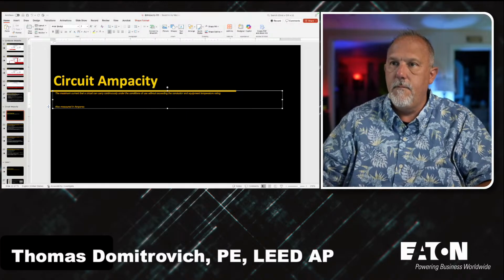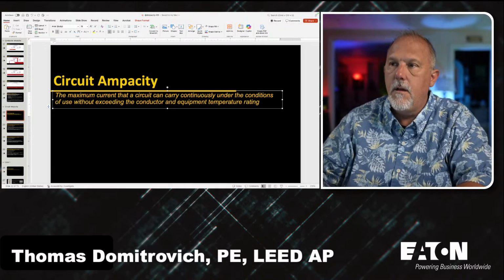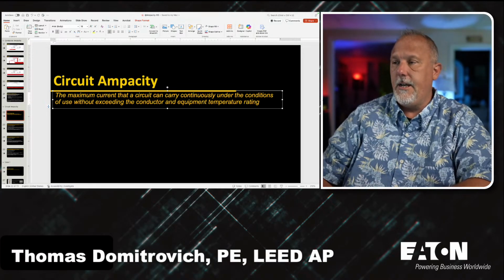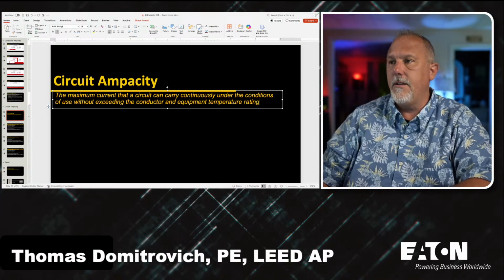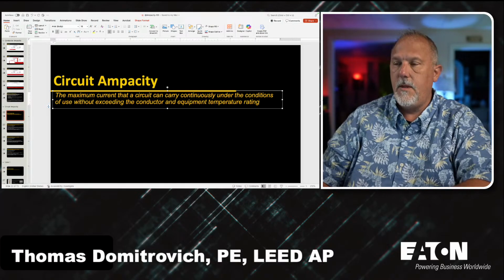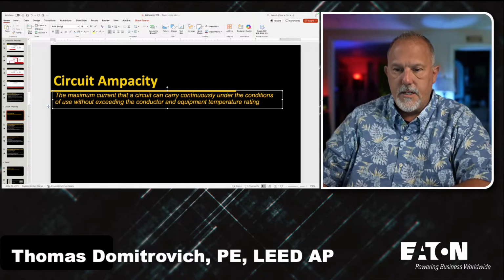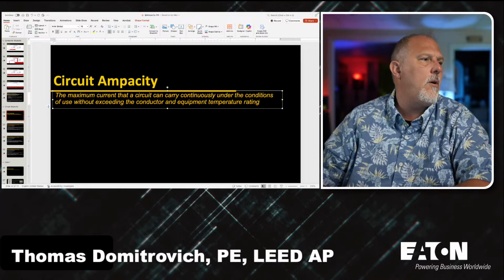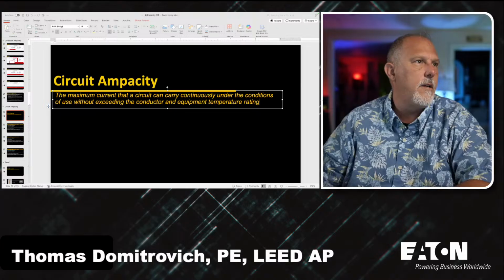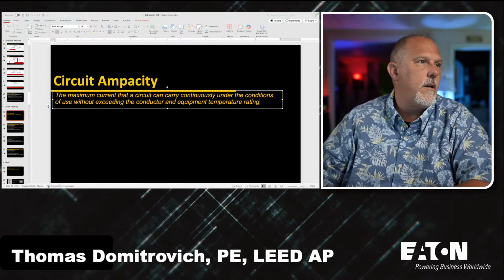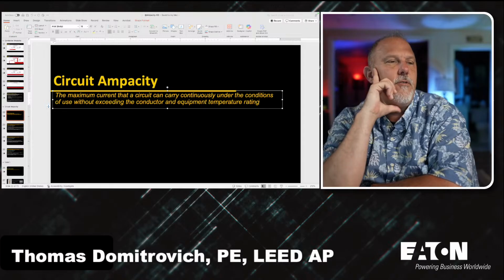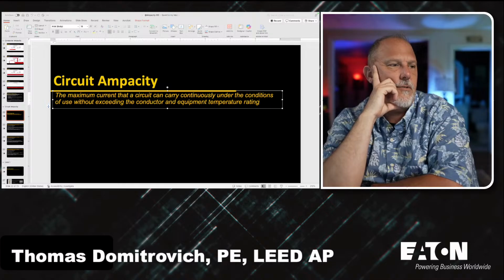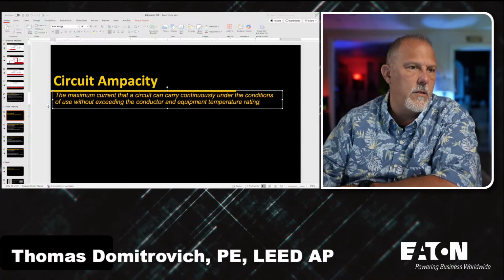Unformatted. Maximum current that a circuit can carry continuously under the conditions of use without exceeding. It's under Class 1 and 2. Oh, Class 1 circuit: the portion of the wiring system between the load side of the Class 1 power source. So Class 2, that's Class 2 circuit, Class 3, Class 4.